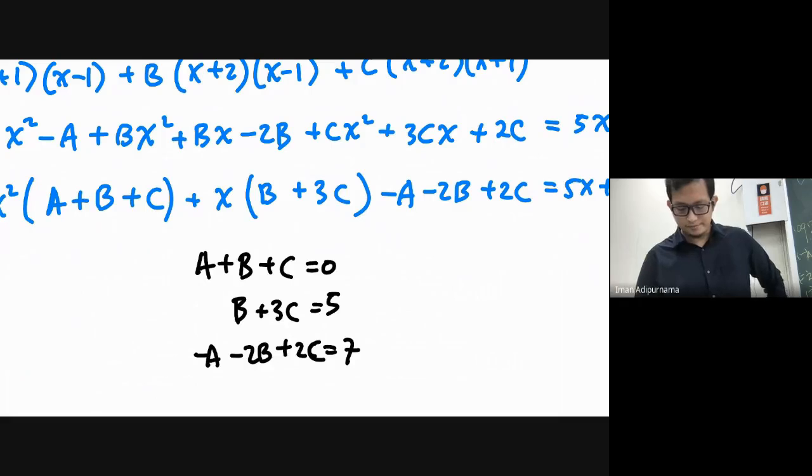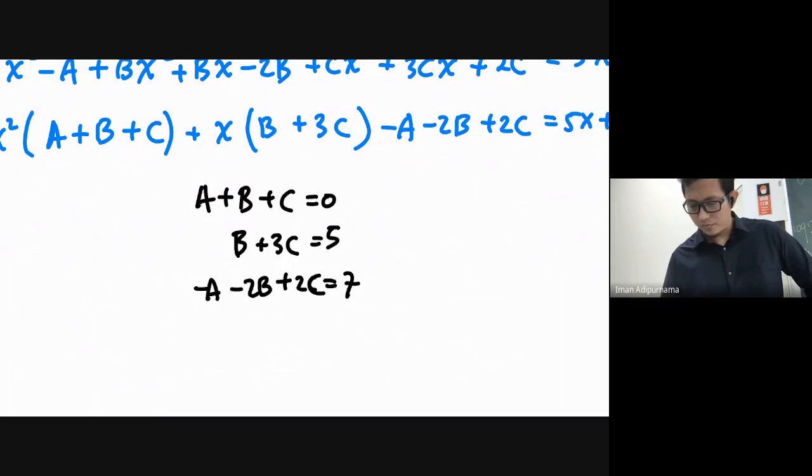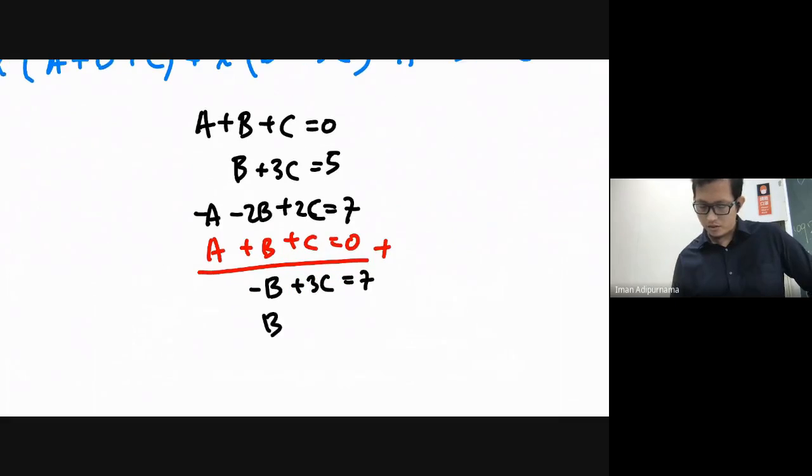Okay, and then we can solve it. A plus B plus C is 0, and minus A minus 2B plus 2C is 7, so adding, minus B plus 3C is 7. And B plus 3C is 5.